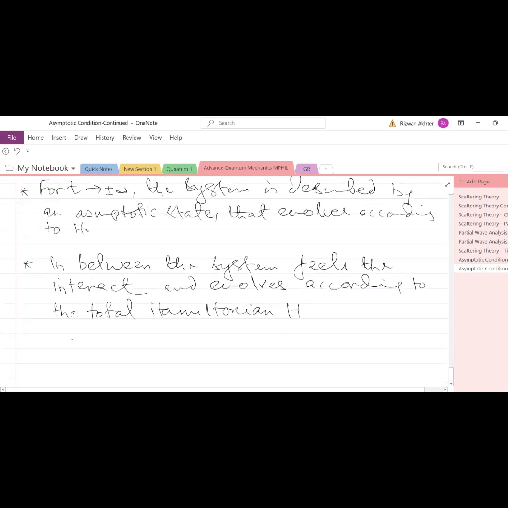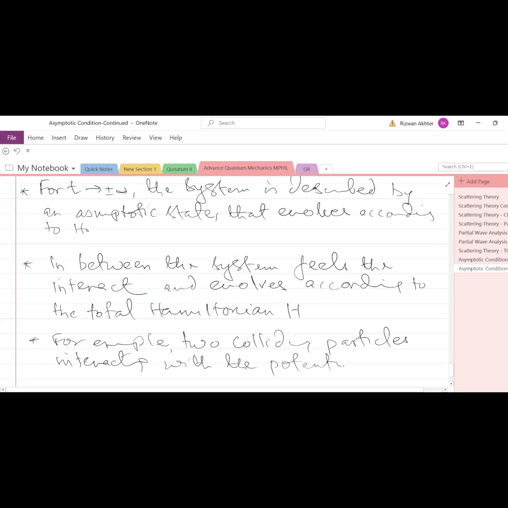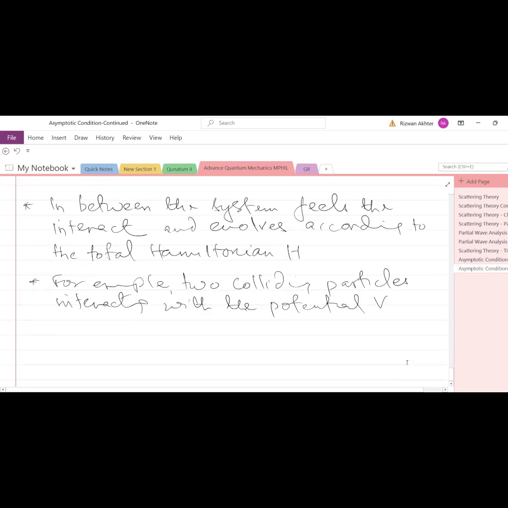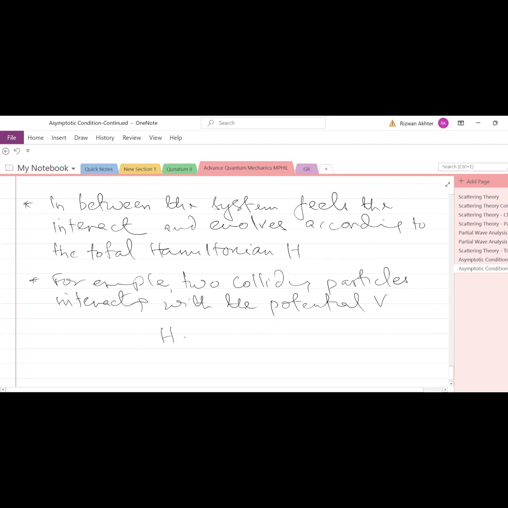For example, we have two colliding particles interacting with the potential V. Then this is described by the total Hamiltonian, which would be T1 plus T2 plus V12.